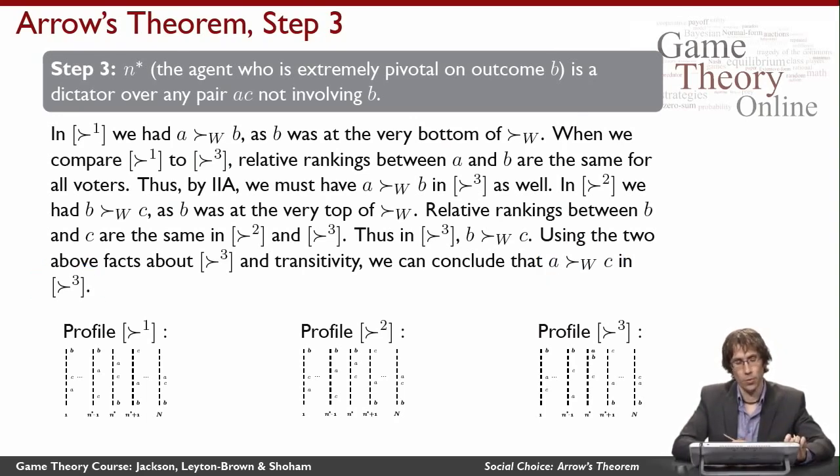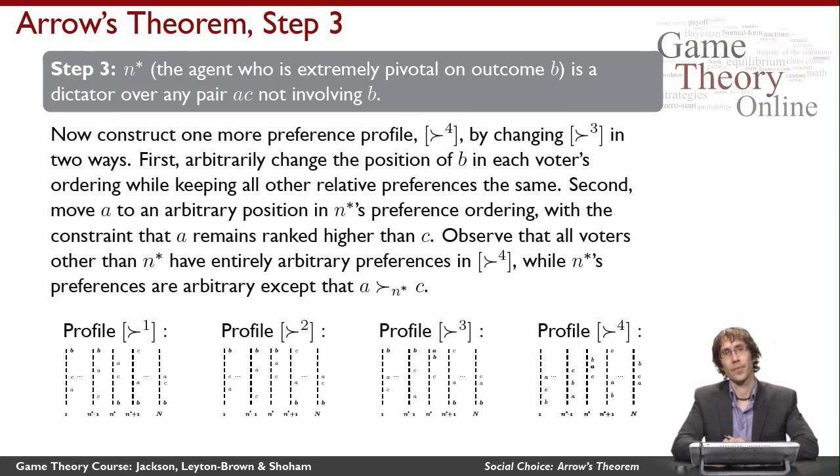Okay, why do we care about that? Well, let's construct one more preference profile. I promise this is the last one, pref4, by changing pref3 in two ways. First of all, let's arbitrarily change the position of B in every voter's ordering while keeping all of the other relative preferences the same.